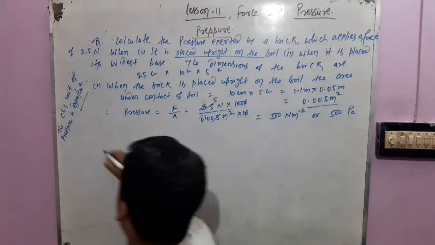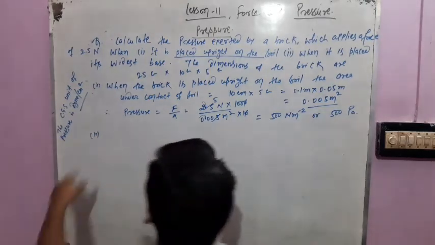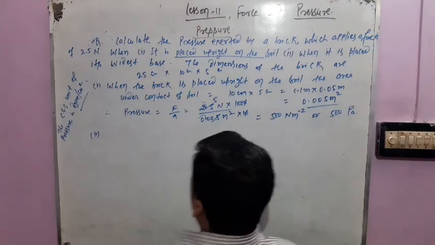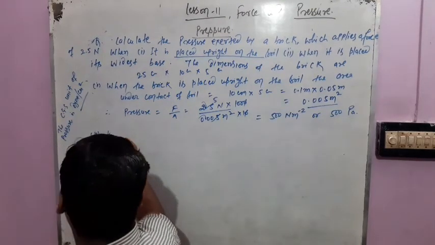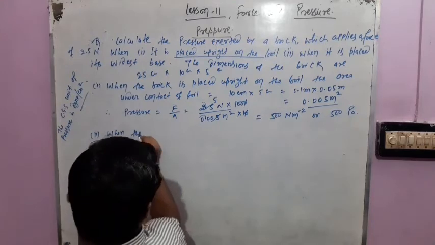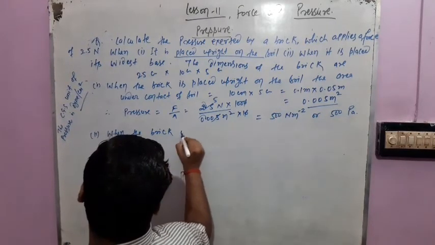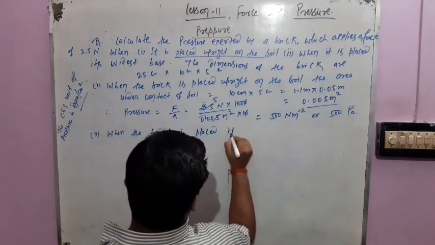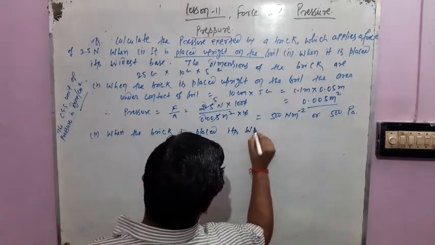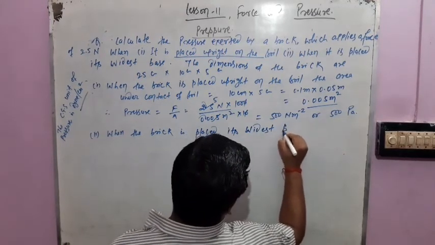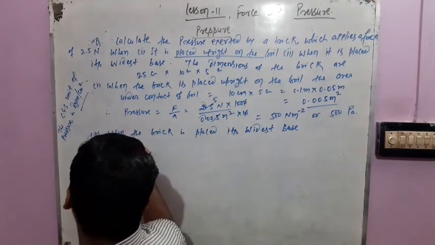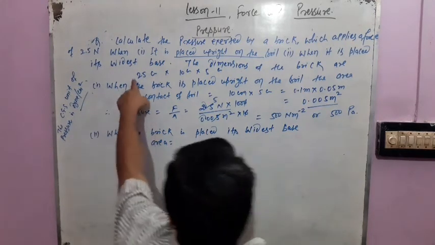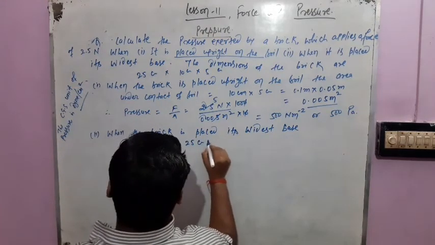Okay. Now in the second case, widest base. Widest base means we have to take the greater measurement here, both of the dimensions greater. So we have to write, when the brick is placed on its widest base, then what is the area here, students? 25 centimeter into 10 centimeter.